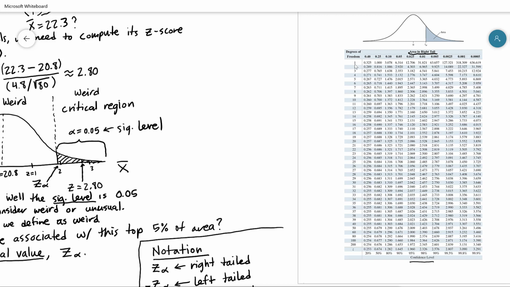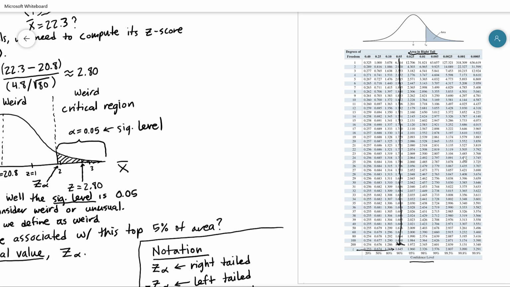If we're dealing with a t-distribution, we'll use the degrees of freedom in the same way that we did previously. But if we're dealing with a normal distribution like we are here, I'm going to use this row. So 0.05 down to the bottom. Here's the z-score associated with that. The z-score is 1.645.